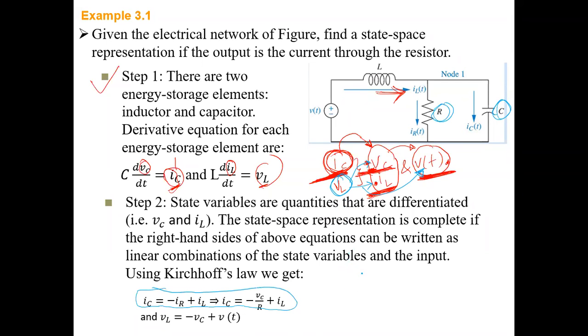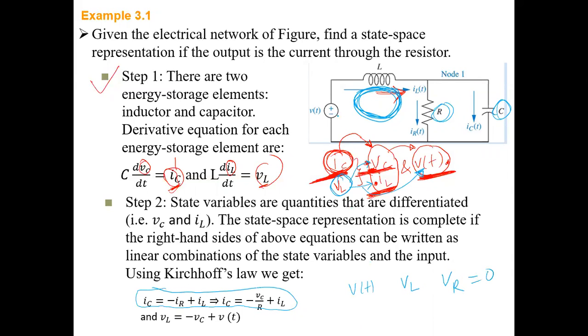VL, meaning you need to talk about this mesh now, because this mesh contains VL, right? So in this mesh, how do you write Kirchhoff's voltage law? VT, VL, and VR, right? Equals 0.